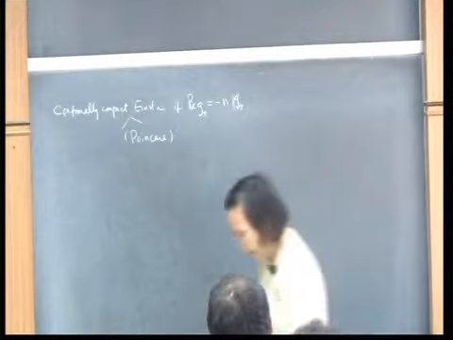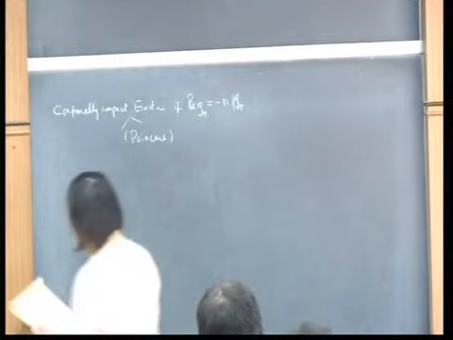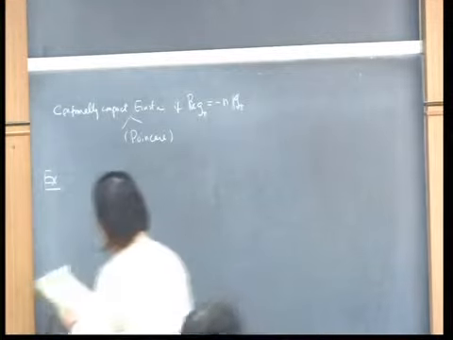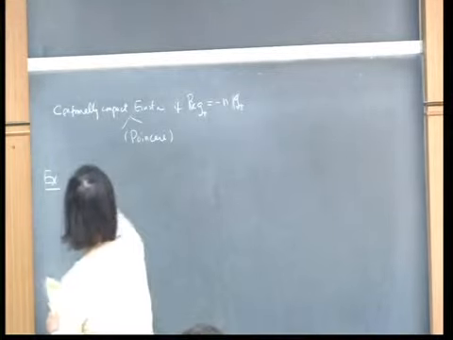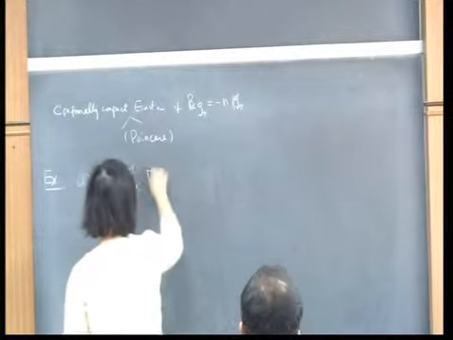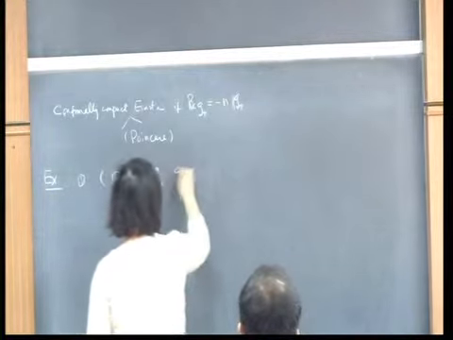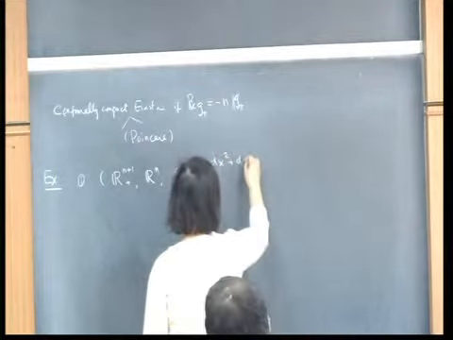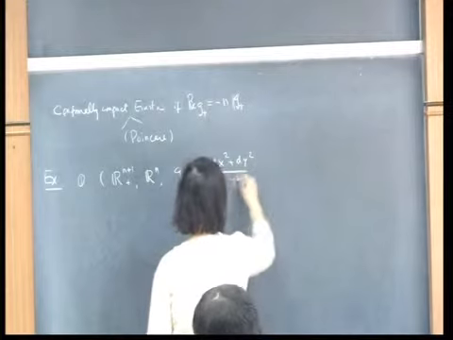So the example. One example I've been talking about is R^(n+1)_+ with R^n as boundary, and the metric I'm talking about is (dx squared plus dy squared) over y squared.